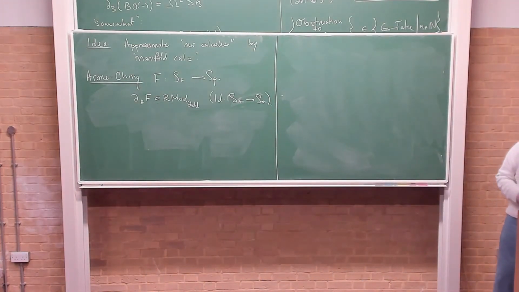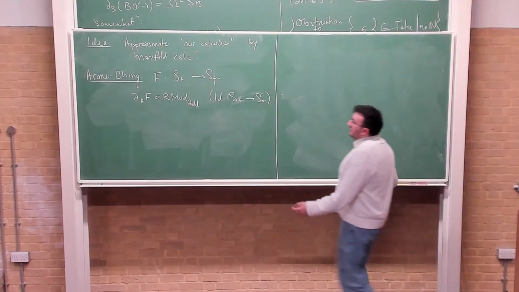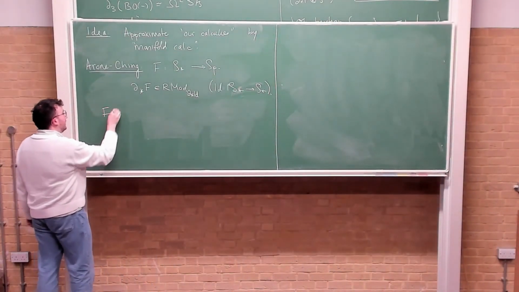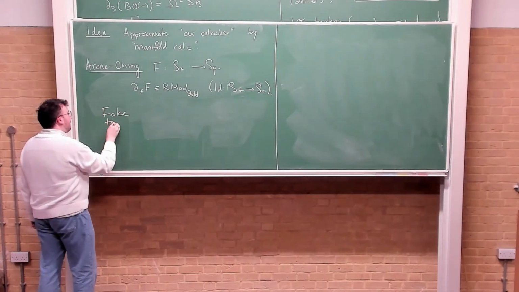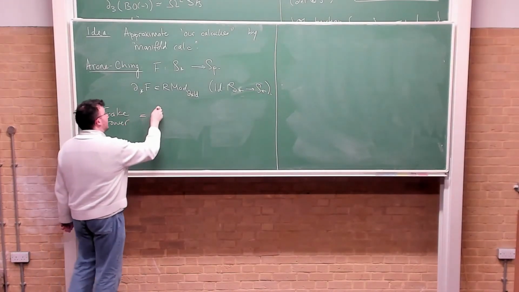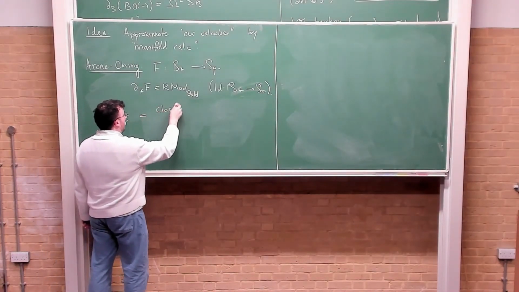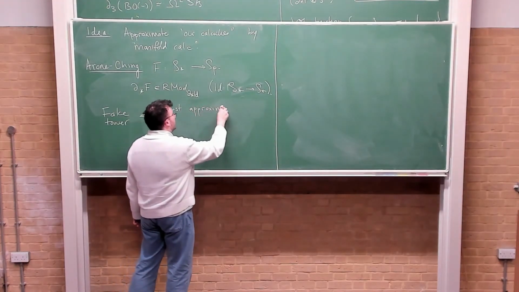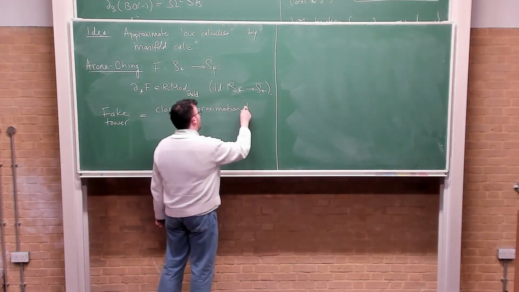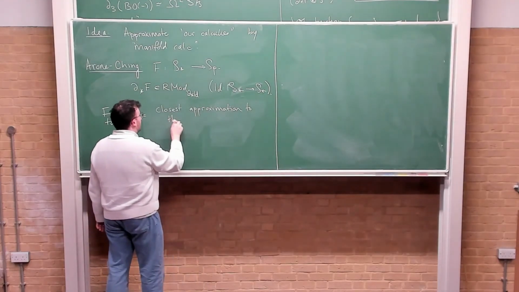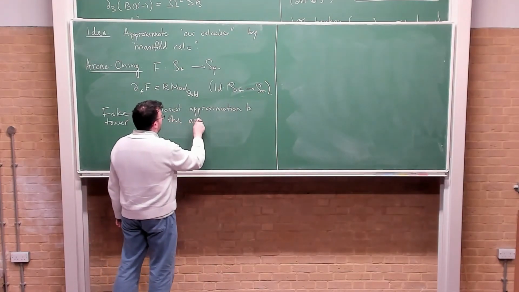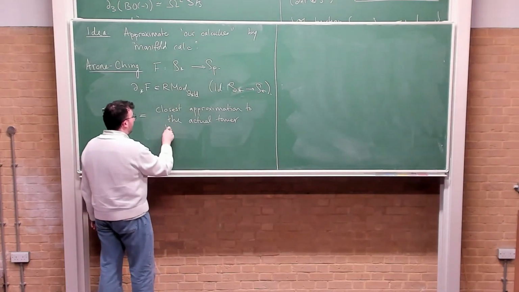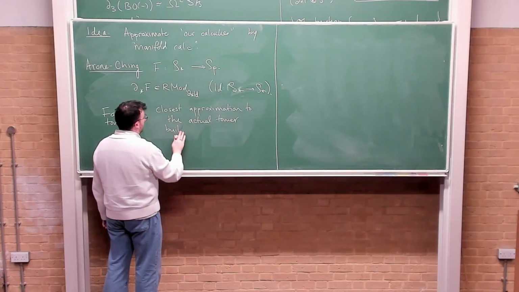If you wish. And so what they do in this series of papers is they construct a fake tower, and they show it's the closest approximation to the actual one, but built out of only the module structure.